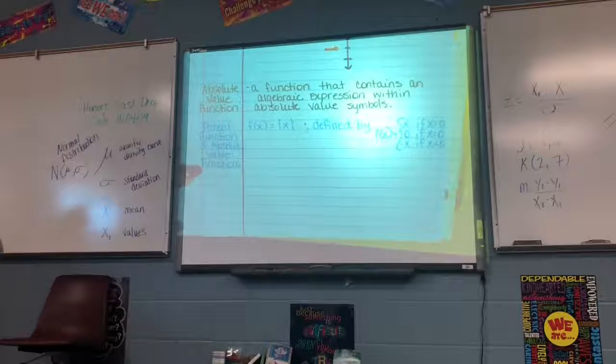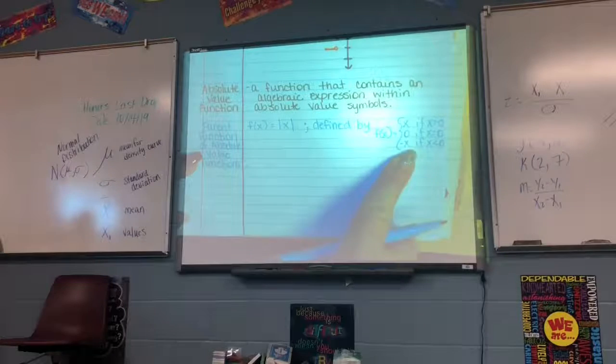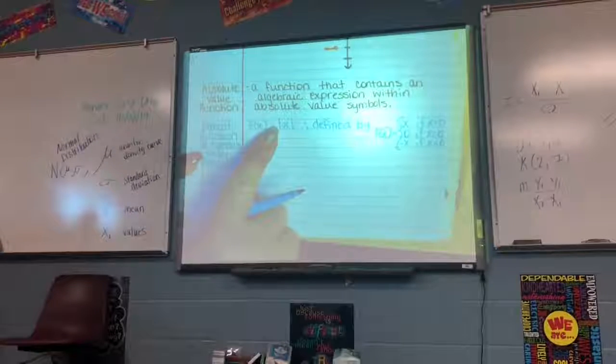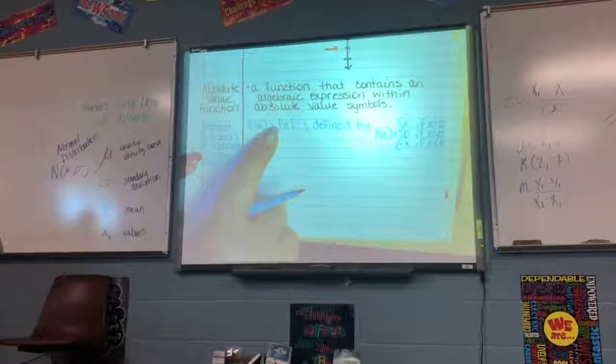Think about numbers that are less than 0, they'd be negative numbers, right? So if they're less than 0 and they're negative, a double negative is going to make them what? Positive. So this is just defining that absolute value term. Is everybody with me so far?